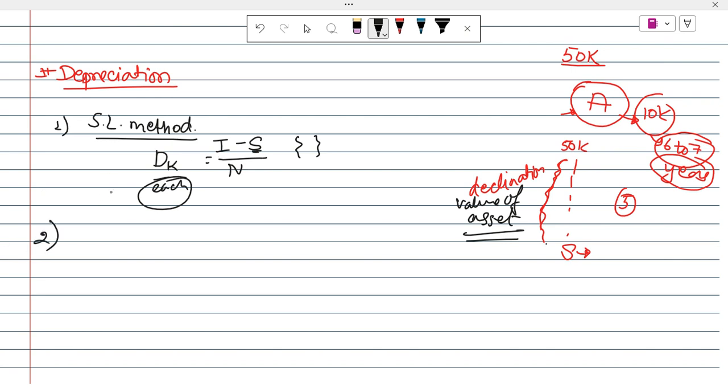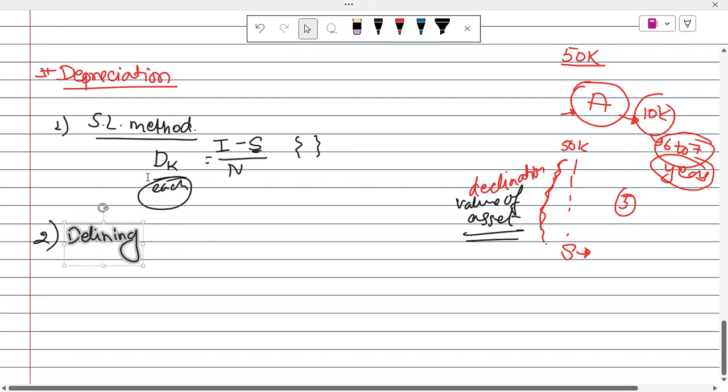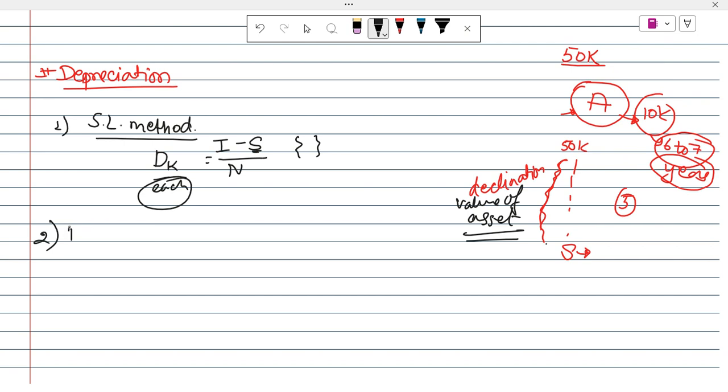The second method is the declining balance method. In the declining balance method, we have a constant percent of decay, or simply a constant percent of the previous period's amount is charged as the depreciation amount.